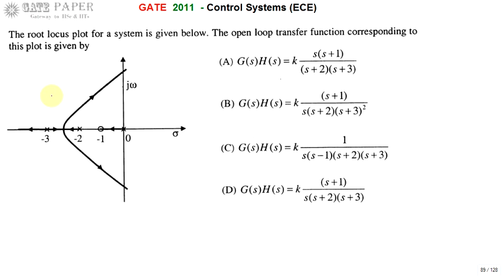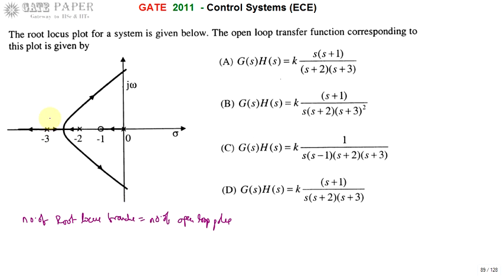Now with the help of root locus branches, the number of root locus branches is equal to the number of open loop poles. Root locus branches can be identified. They will start from a pole and end at either a finite open loop zero, or they may end at infinity, that is, zero at infinity.